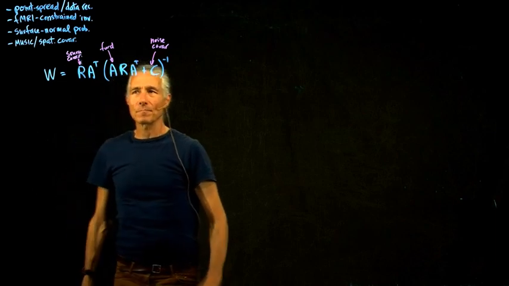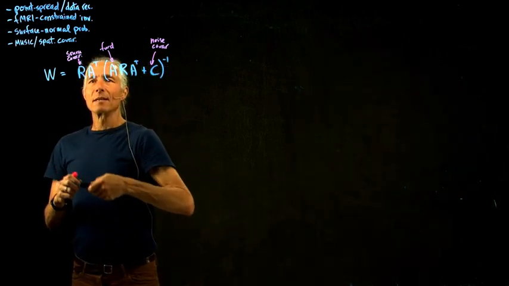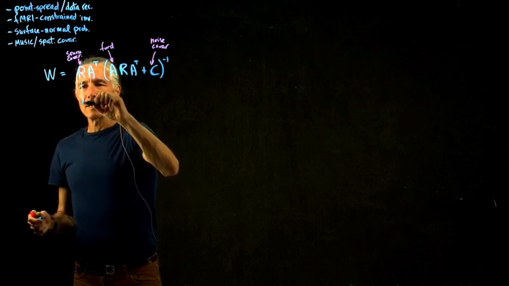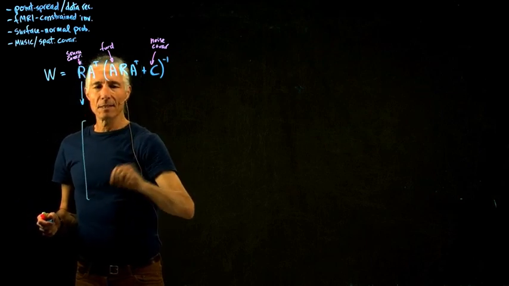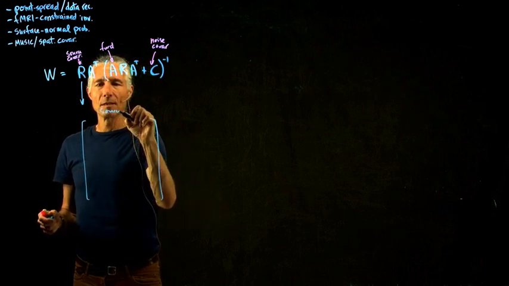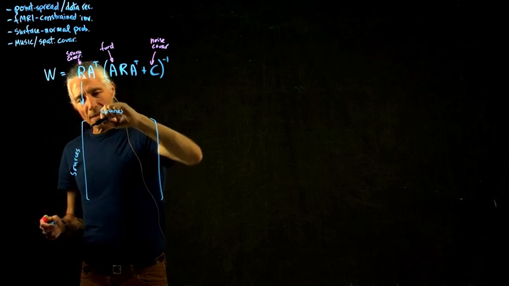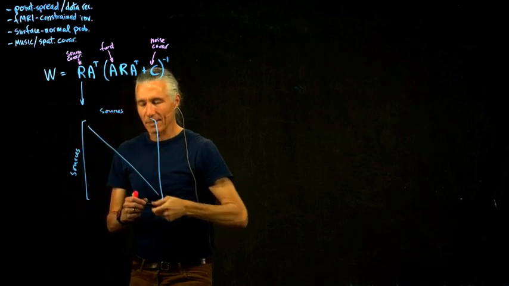If we look at this, one of the things we have is the source covariance matrix. What is that? Well, that's just a giant matrix, sources by sources. Down the diagonal we have the variance.